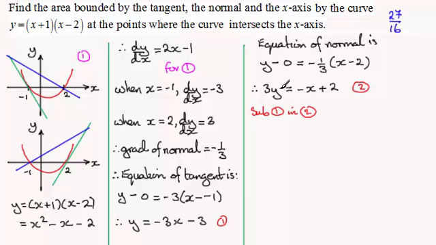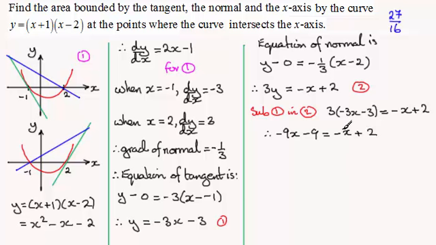Well, it gives me 3 times y, y being minus 3x minus 3, so 3 times minus 3x minus 3, and that equals minus x plus 2. And if I expand the bracket, what have we got? We got minus 9x, and then 3 times minus 3 is minus 9, equals minus x plus 2.